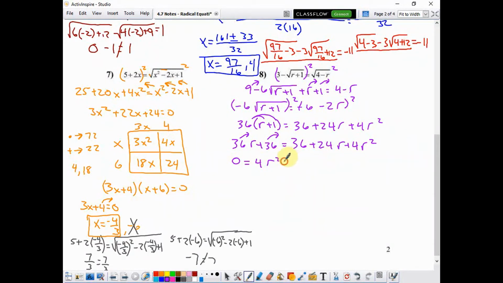And 36 minus 36 is 0. So this is it. I could divide everything by 4.